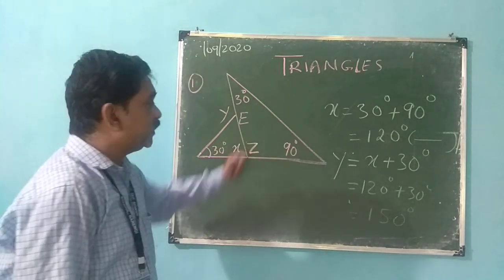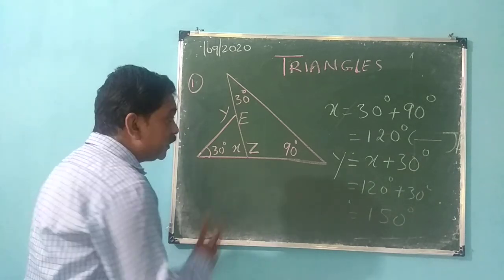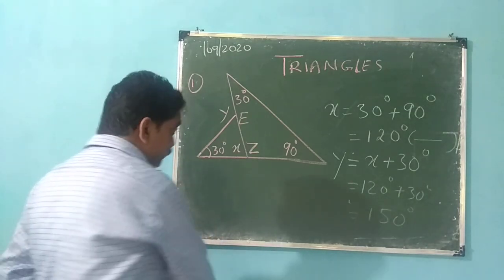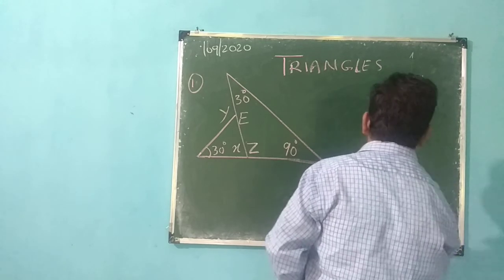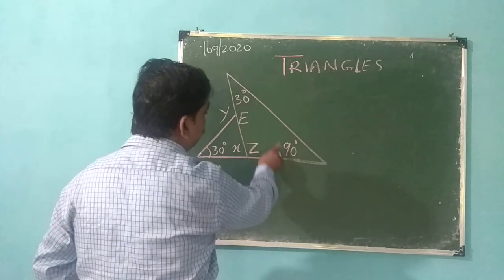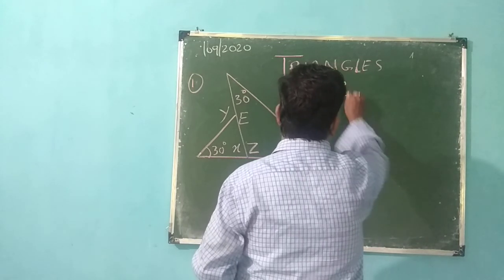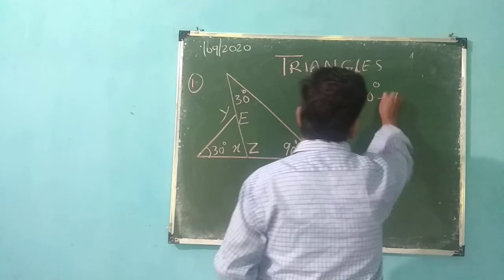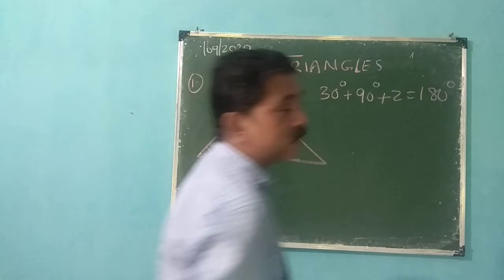Similarly here. Now, suppose if I write z here, how can I find out the value of z? There are two ways. One way is to add this triangle's angles: 30 degree plus 90 degree plus z, which is equal to 180 degree.